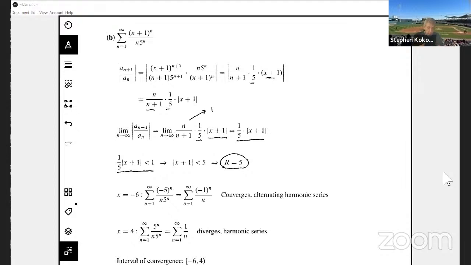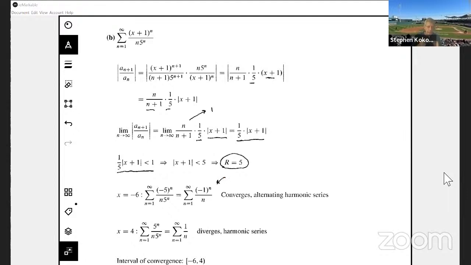Now, in order to get the interval of convergence, I still need to check the two endpoints. So remember, this series is centered at -1. So -1, -5. I've got to take a look at x equal -6. I plug that in. And Curtis, don't let me make a mistake here, but I think this becomes the alternating harmonic series.